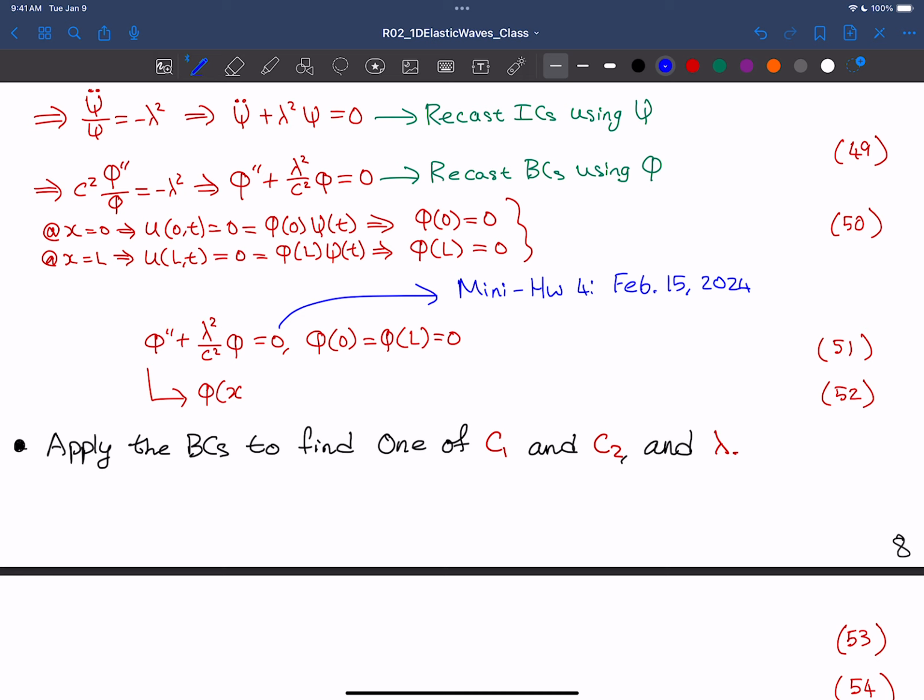Or if you want to turn this in with mini homework 3 on the 13th, that's fine too. This will again be 5 points. And I want you to solve the ODE given by equation 51.